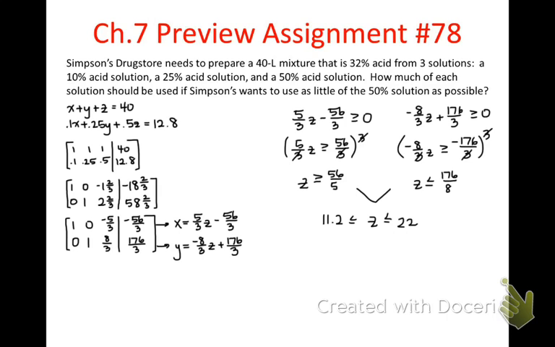So what is the smallest that z can be? Right. So I am choosing, because specifically it says up here, as little of the 50% solution, that's my z, right? Z represents how much of the 50% solution I'm doing. So I am going to choose this value for my z.